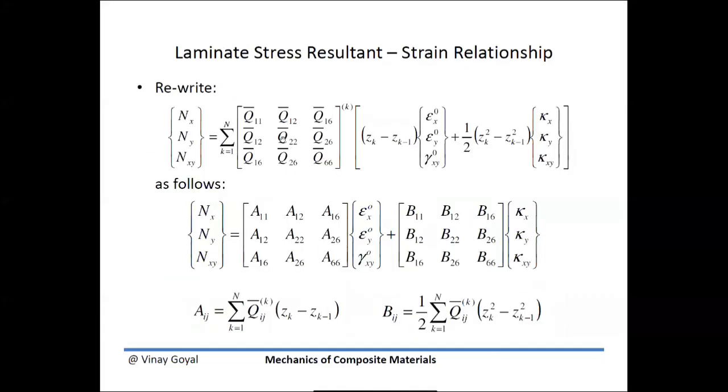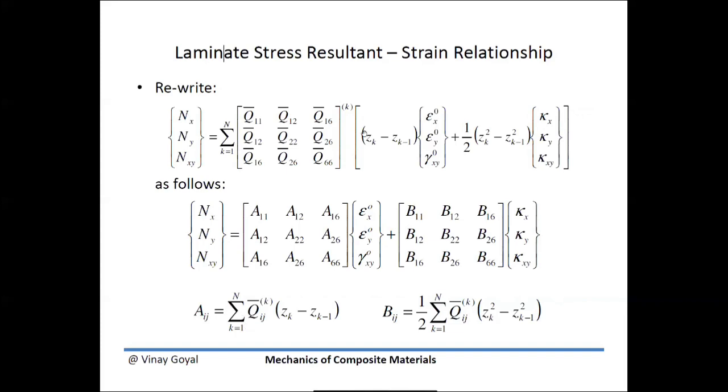Since this is very messy, we can write it in a different way. We can multiply this by this coefficient and call that the A matrix. So you can see here that multiplying this by zk minus 1, this multiplication can be simply put as this summation here.